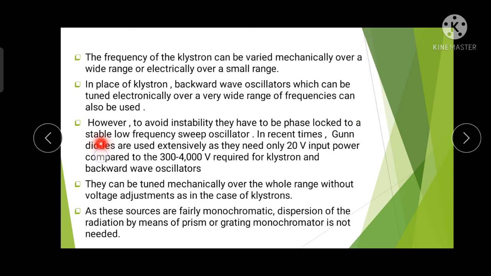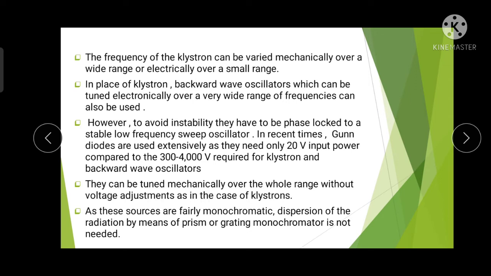The gun diode is a source of microwave radiation that needs just about 20 volt, whereas the backward wave oscillator and klystron require about 300 to 4000 volt input power.